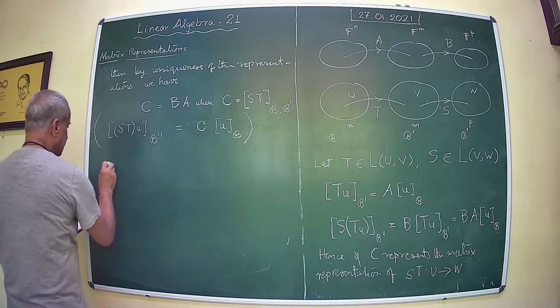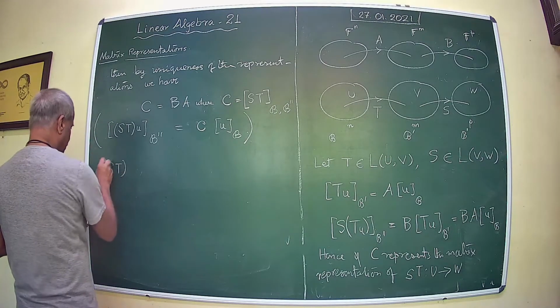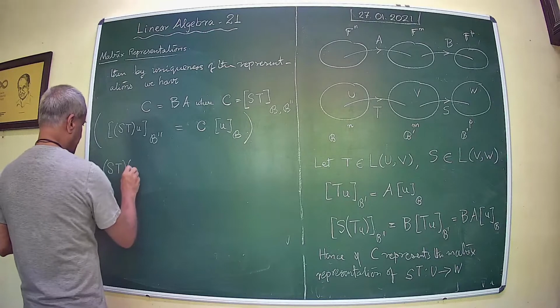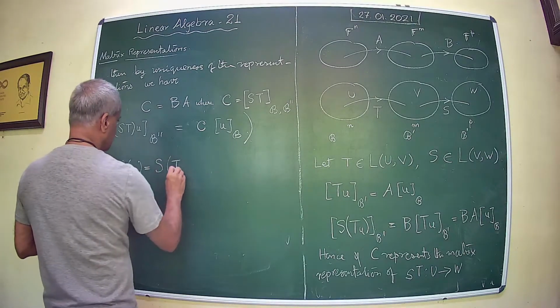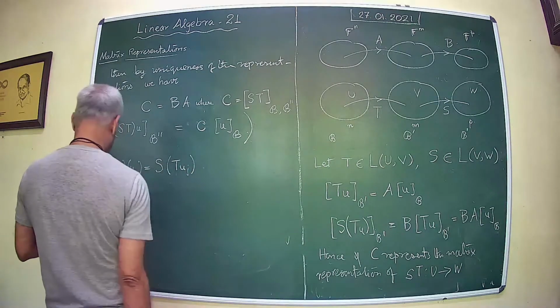If you want, you can work it out. You have ST of u_j. This is equal to S of T of u_j.